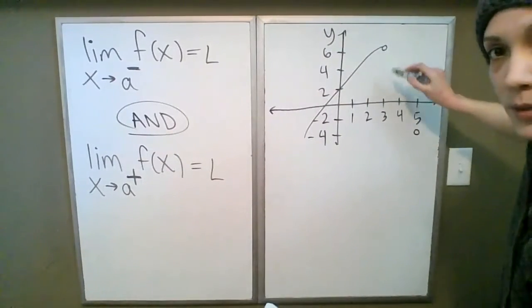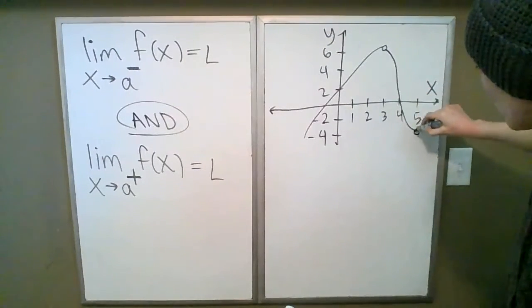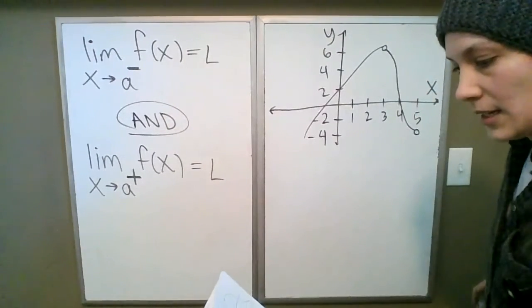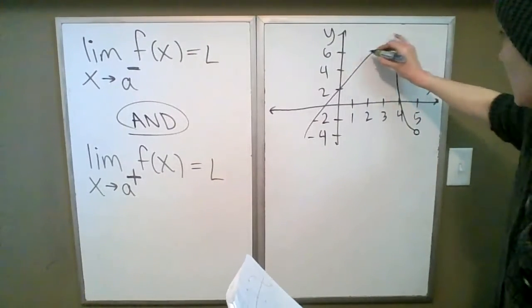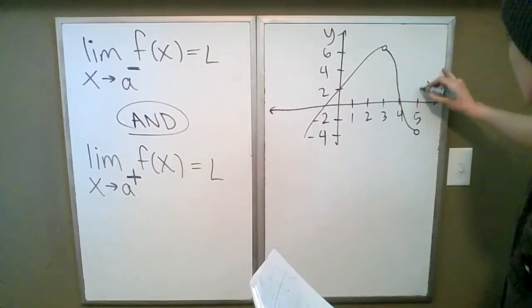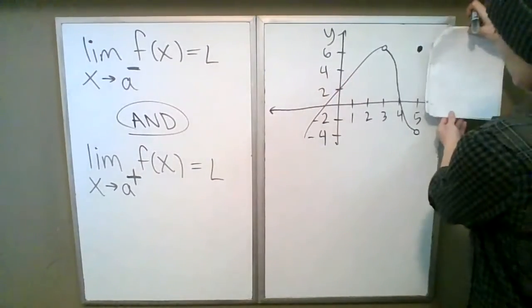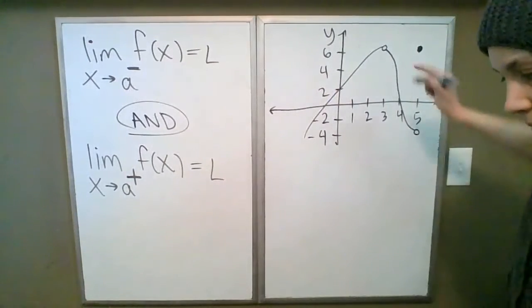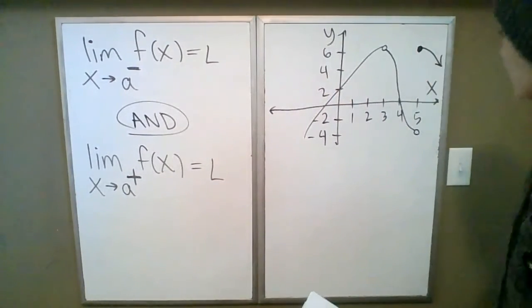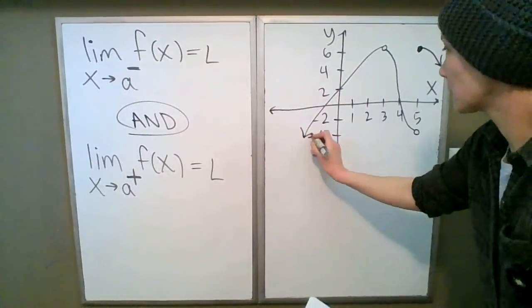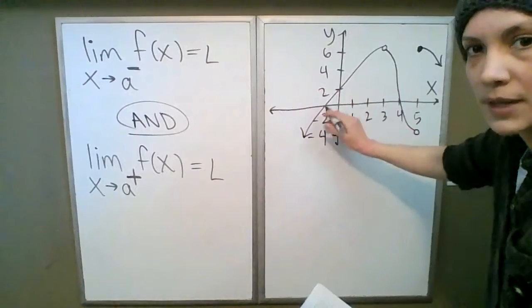And we're going to pass through the point 4, 0. Then at 5, 6, there's a point. And then we're going to curve just down. And then all of this is my function f.